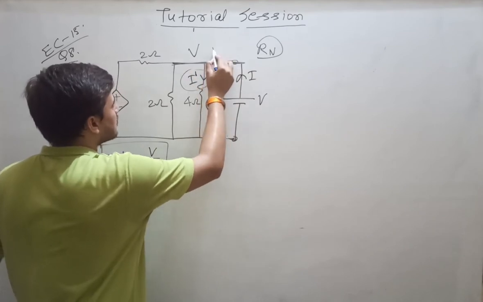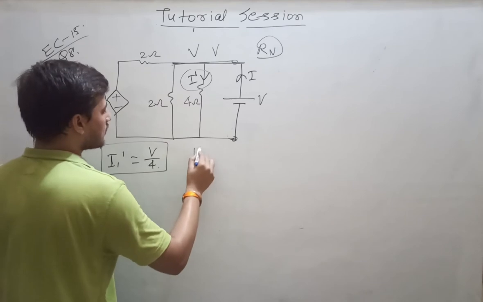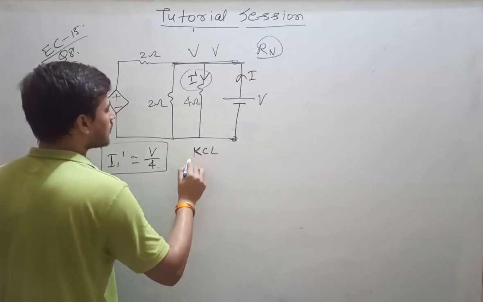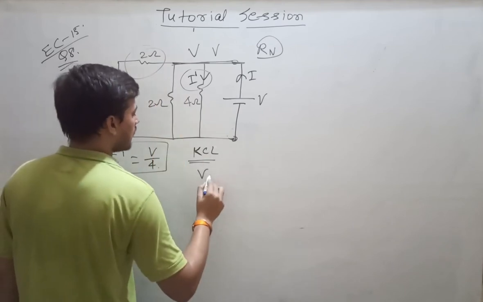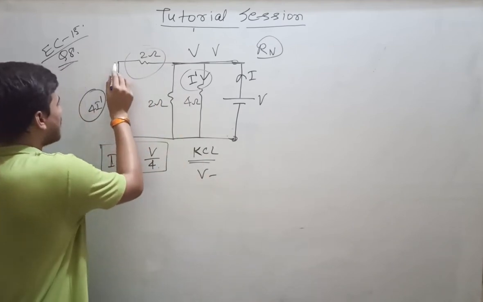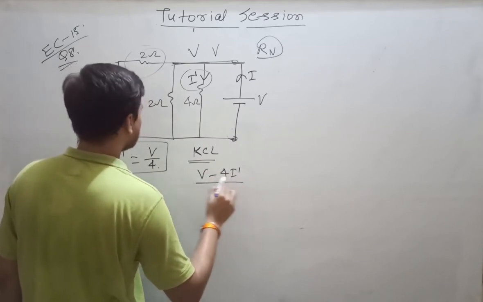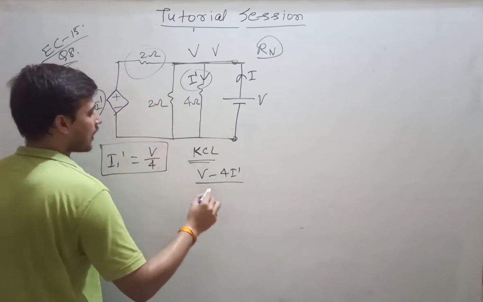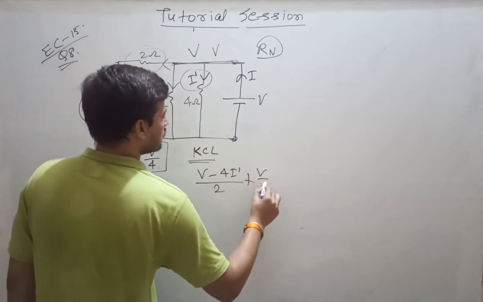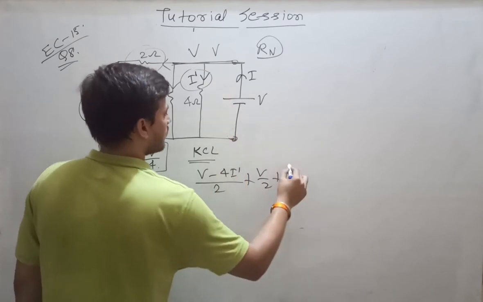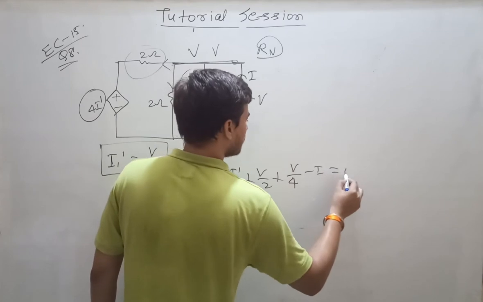The potential is V volt. Outgoing branches: V minus 4I dash divided by 2, plus this current V by 2, plus this current V by 4, minus I will be equal to 0.